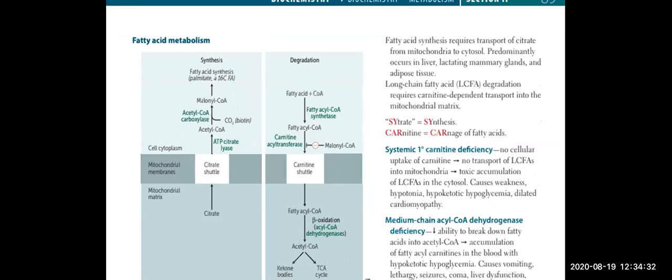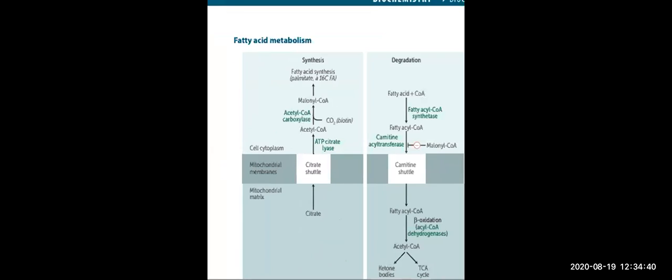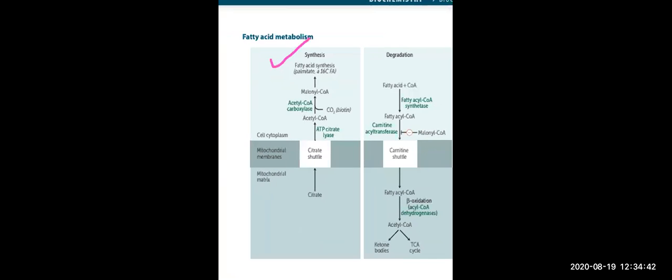Now you see this picture over here. This is your fatty acid metabolism. We only have to see synthesis, not degradation, because that enzyme is different. When we see synthesis, you see this enzyme name written here, acetyl CoA carboxylase, ACC.